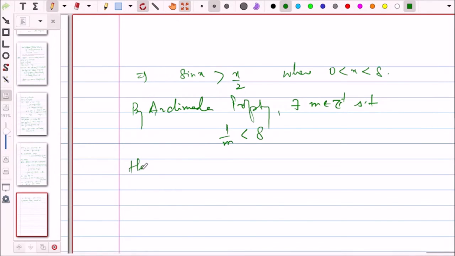So hence sin 1 by n is greater than 1 by 2n for all n greater than or equal to m, because we are taking x equal to 1 by n in this.